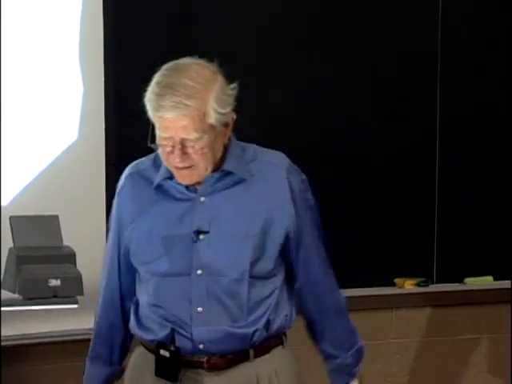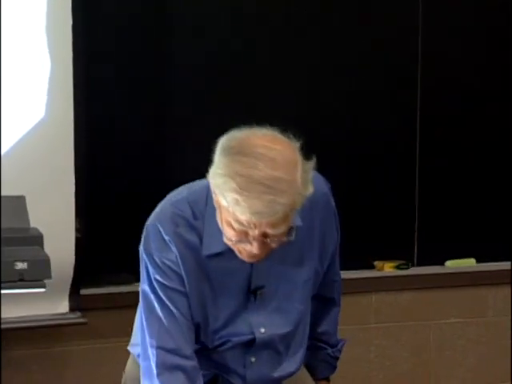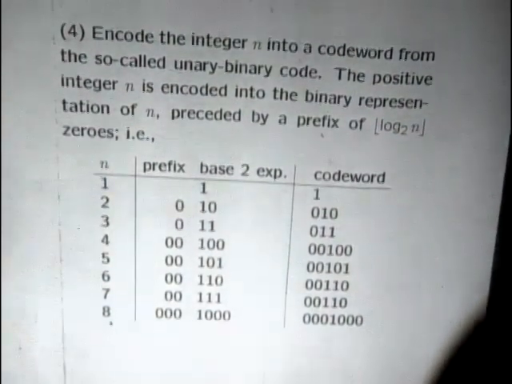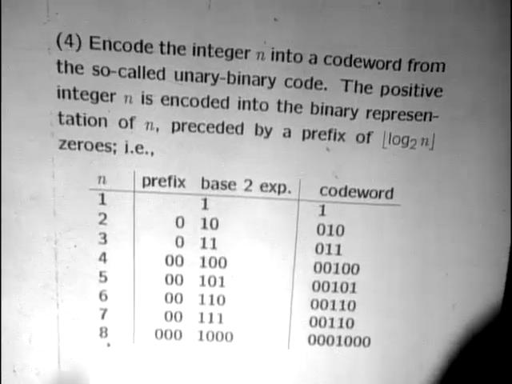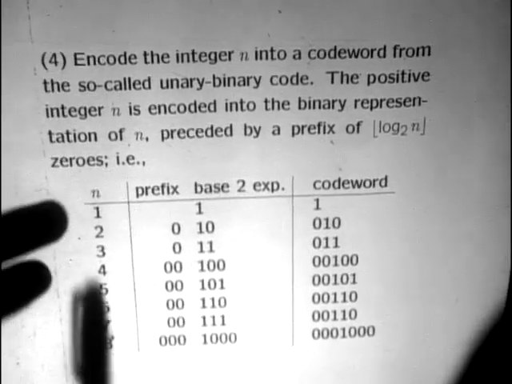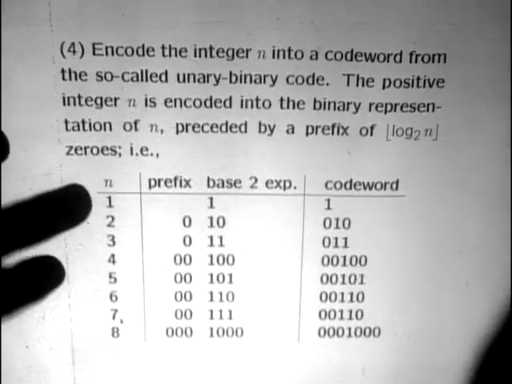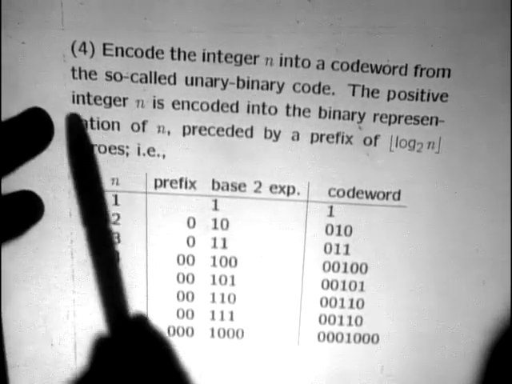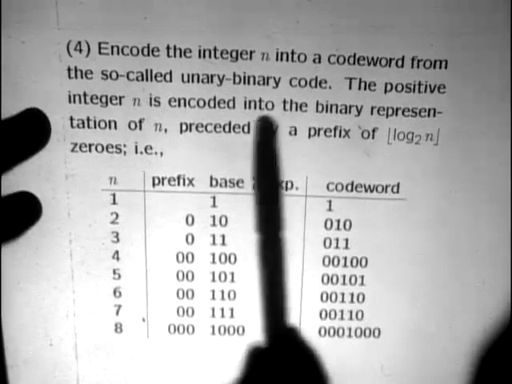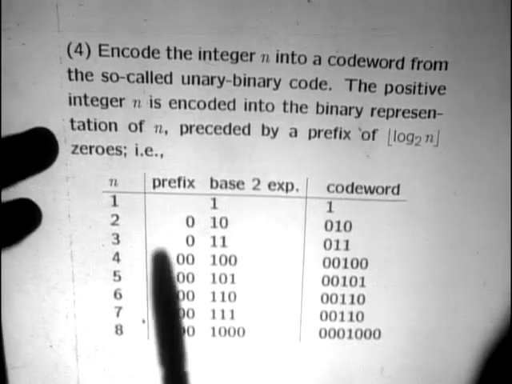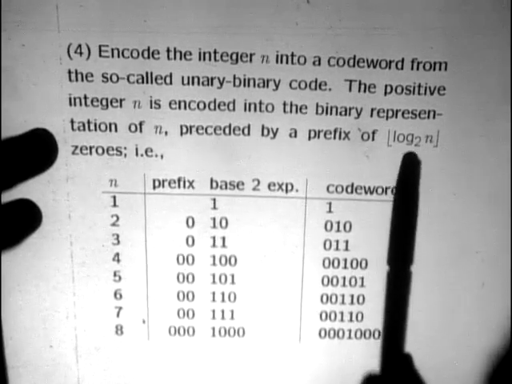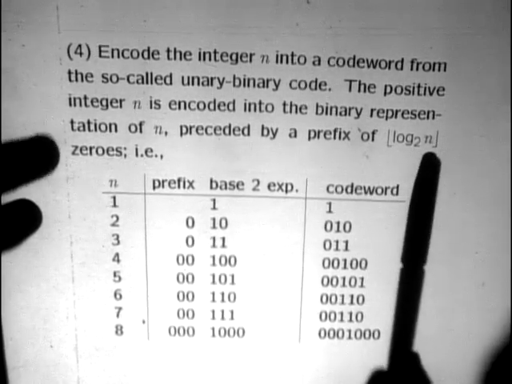So it does that. And the way it does it is first you generate a prefix, and then you have a representation in base 2, namely base 2 expansion. So the positive integer n is encoded into the binary representation of n, preceded by a prefix of integer part of log to the base 2 of n zeros.